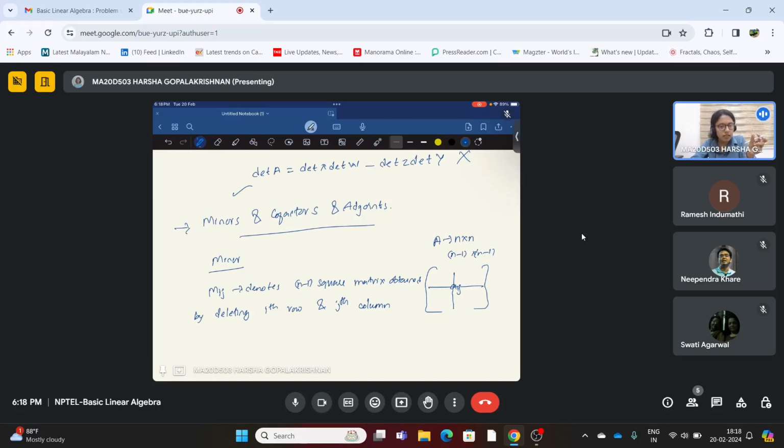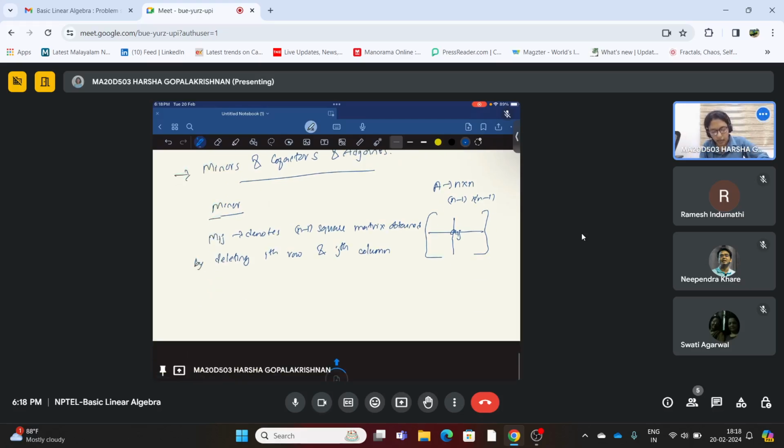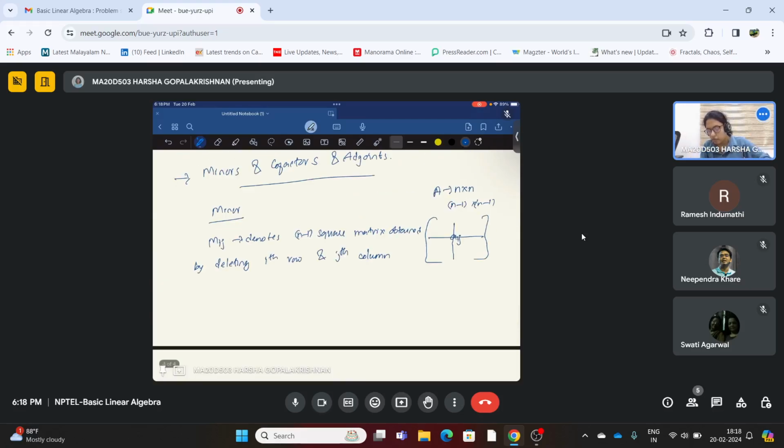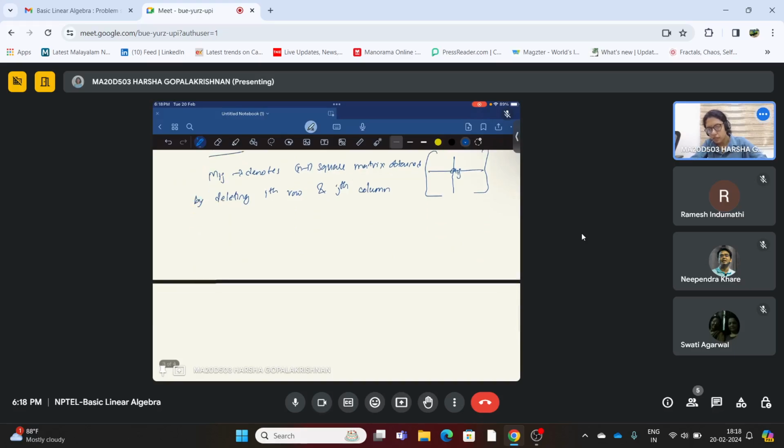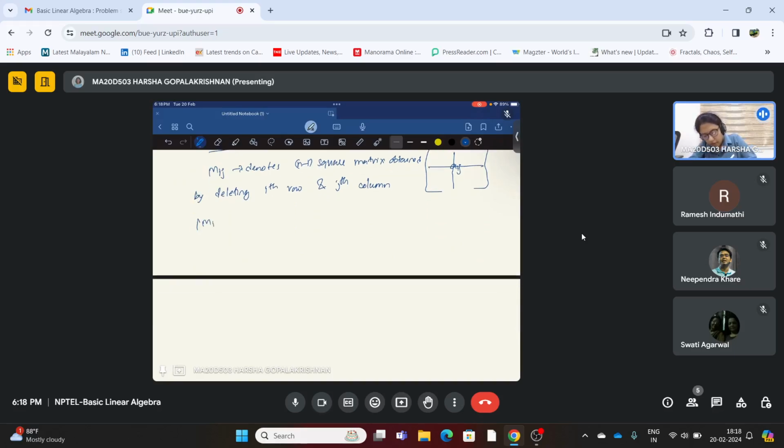Aij means the element in the ith row, jth column. So deleting that ith row and jth column, the matrix we obtain, we will call it Mij, and the determinant of Mij is the minor of Aij of A. Okay, minor of Aij of A, and cofactor.